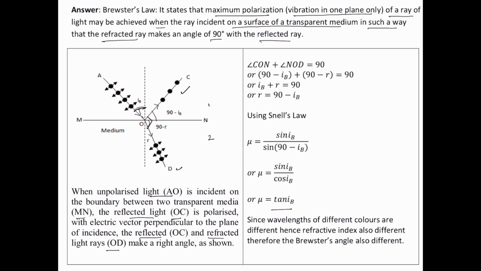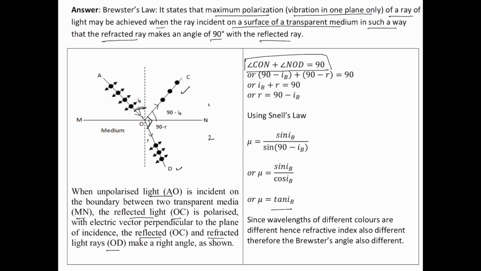Now, angle CON and angle NOD, these two should add up to 90 degrees, the angle between the reflected and refracted ray.